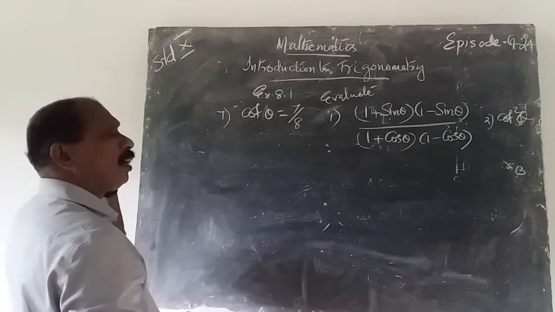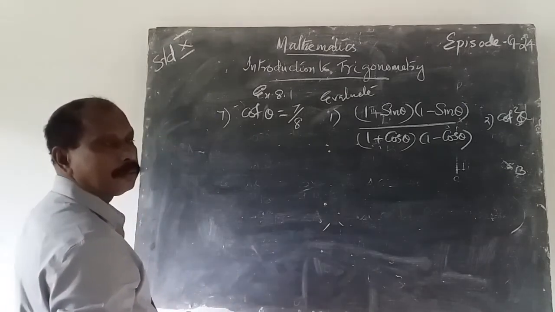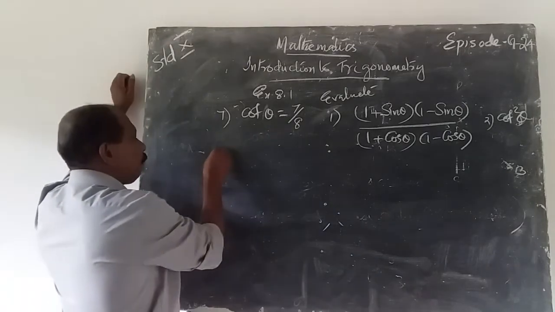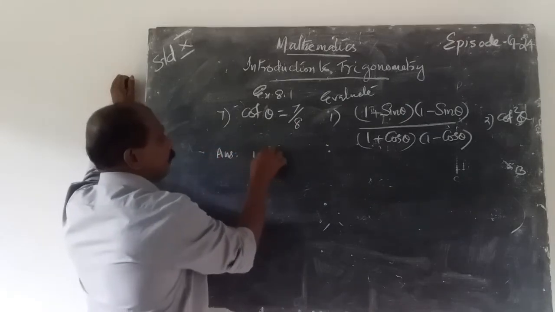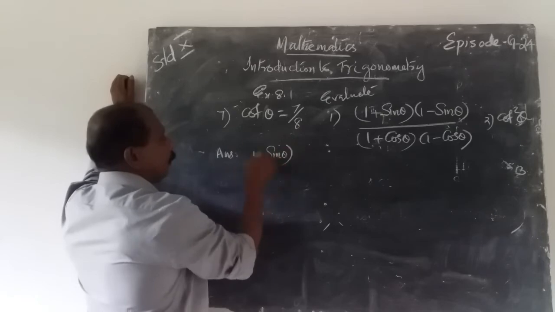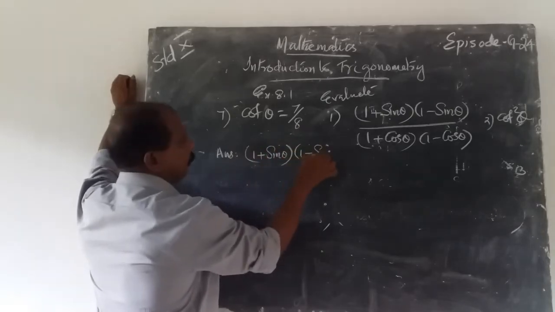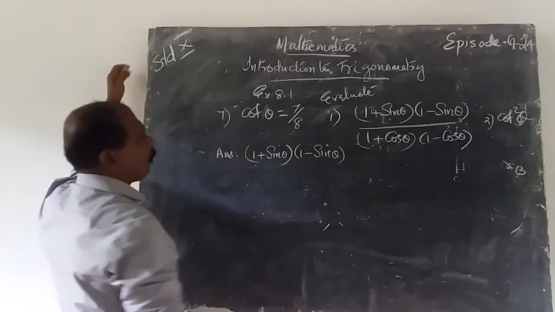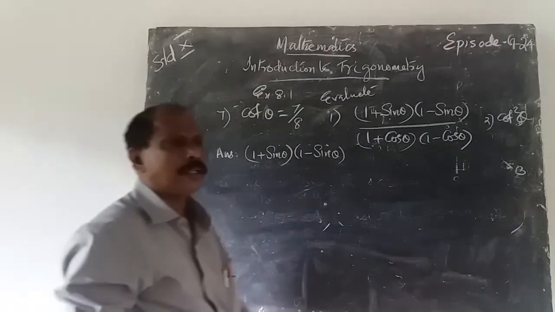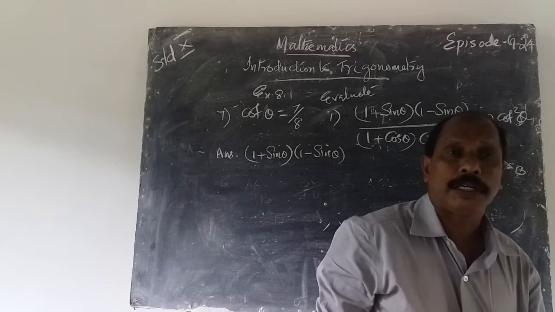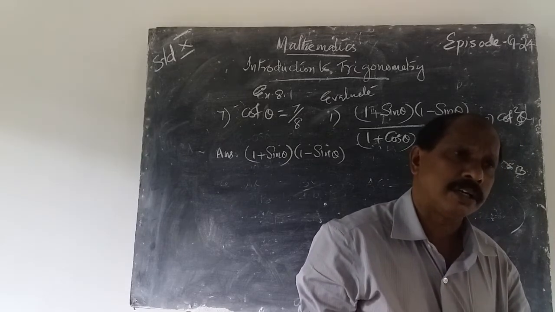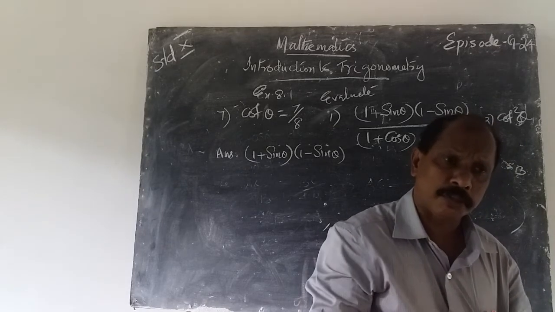Then what is cot theta? 7 by 8, it is given. We cannot find out sin theta directly because cot theta is given. Therefore, adjacent side is 7 and opposite side is 8. We can find the hypotenuse, then find sin theta and cos theta, and the equation is satisfied.